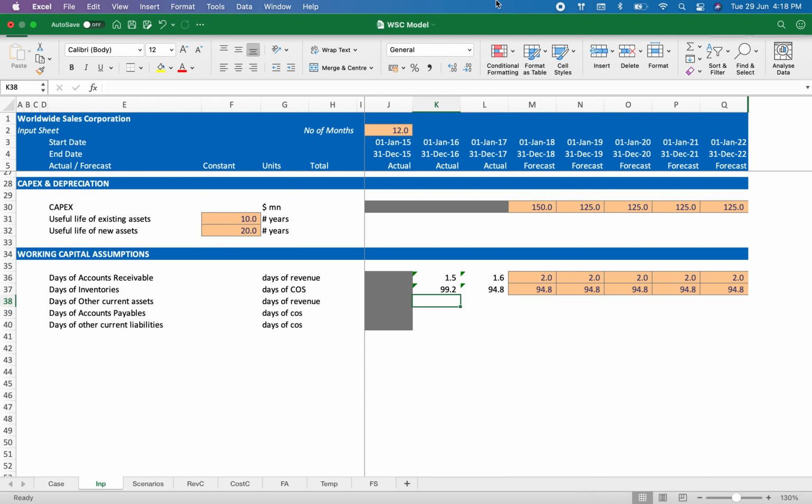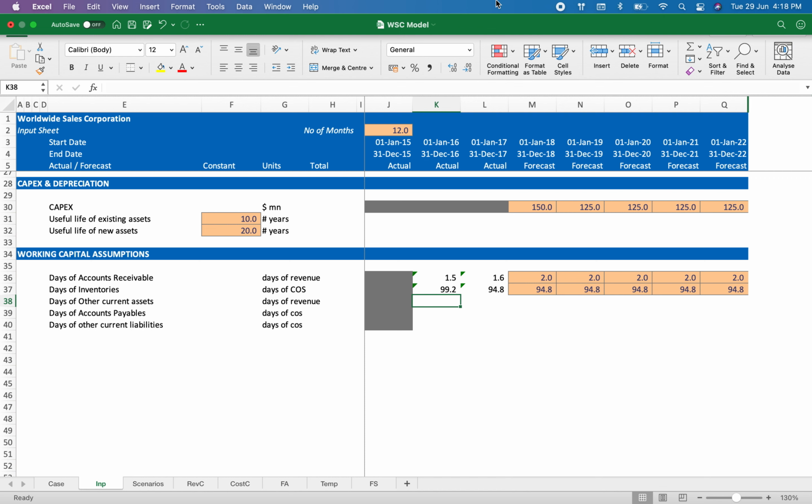Days of current assets. Now, let's say other current assets also, you keep it on revenue. Let's say you keep it on revenue.